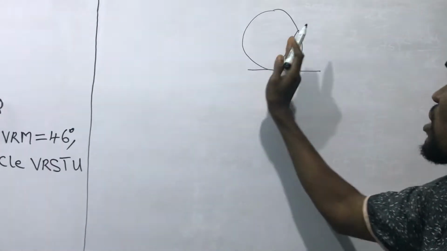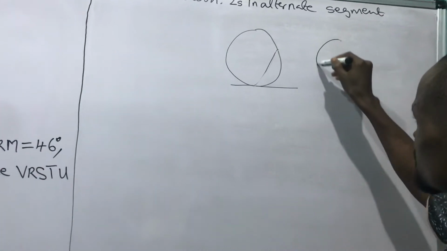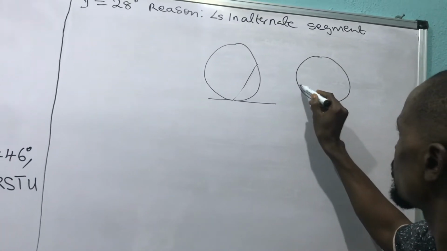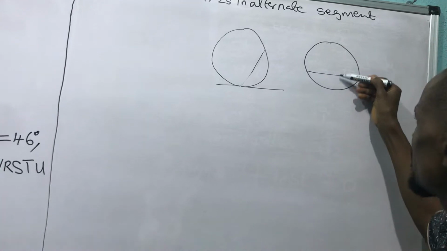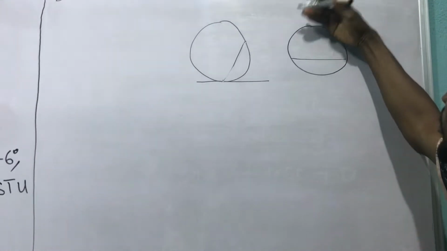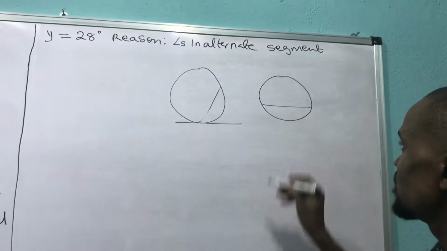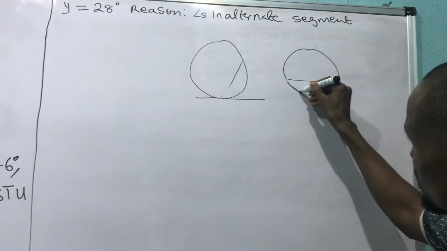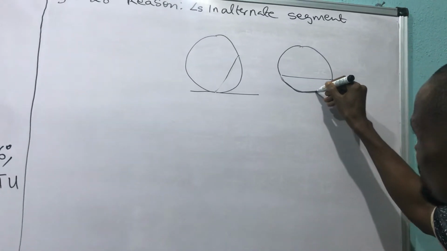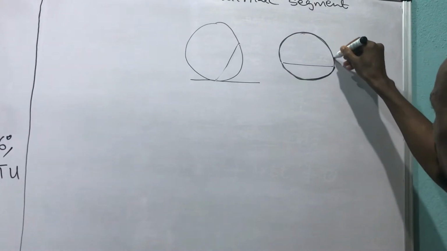This is a major segment, this is a minor segment. At first I draw a chord in a circle. If you draw a circle like this and you draw a chord, this chord has divided this circle into two segments. This one becomes the major segment, this side becomes the minor segment. Then from here to here becomes an arc.